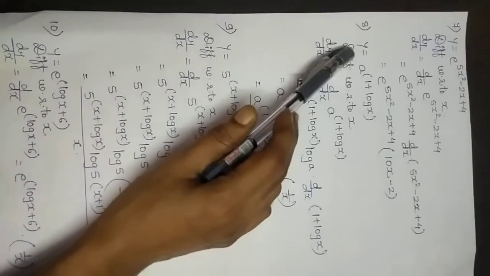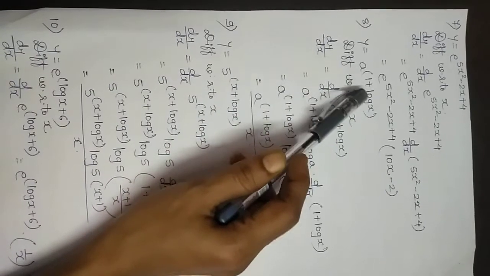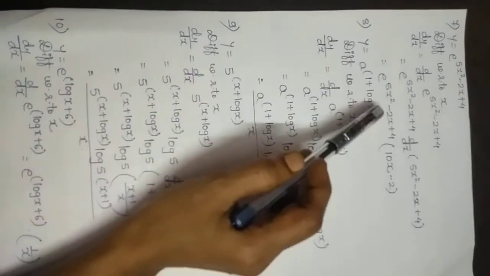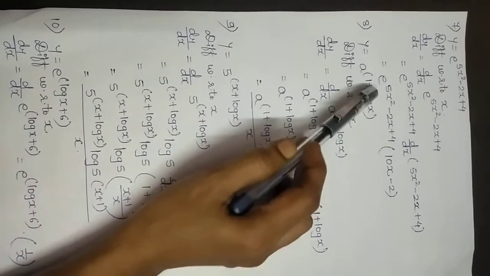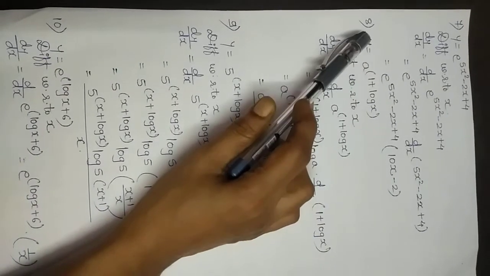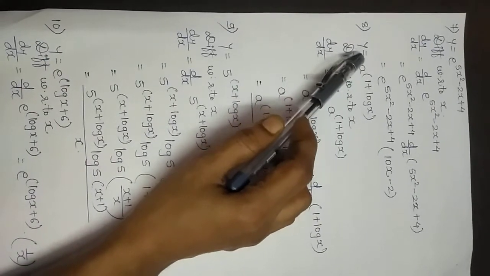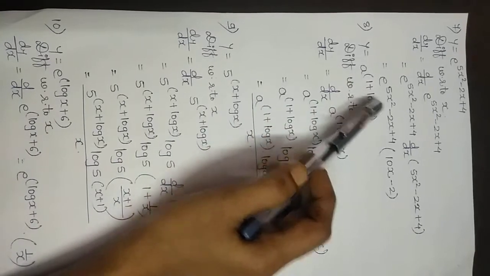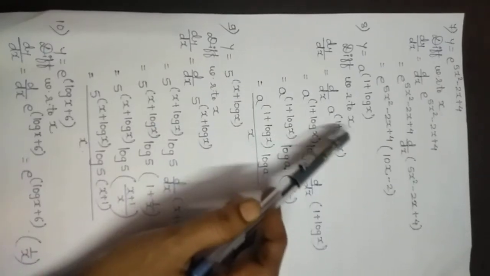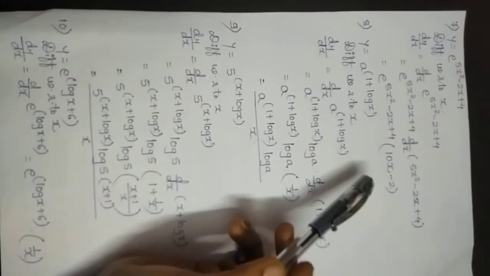Now next, y is equal to a raised to 1 plus log x. Now again this bracket term we will consider as x. So our original sum will be in the format of y is equal to a raised to x. Now the derivative of a raised to x, we know, is a raised to x into log a.